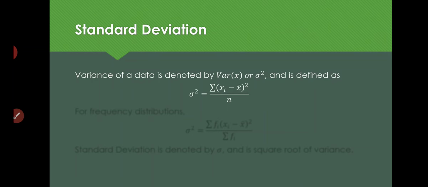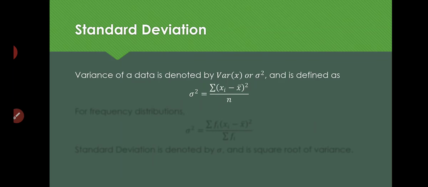Now if anyone is going to study statistics in the future, in college, then you will see that variance is called the expectation of order 2, and mean is called the expectation of order 1. So let us not go into details of that, but this is just a heads up.